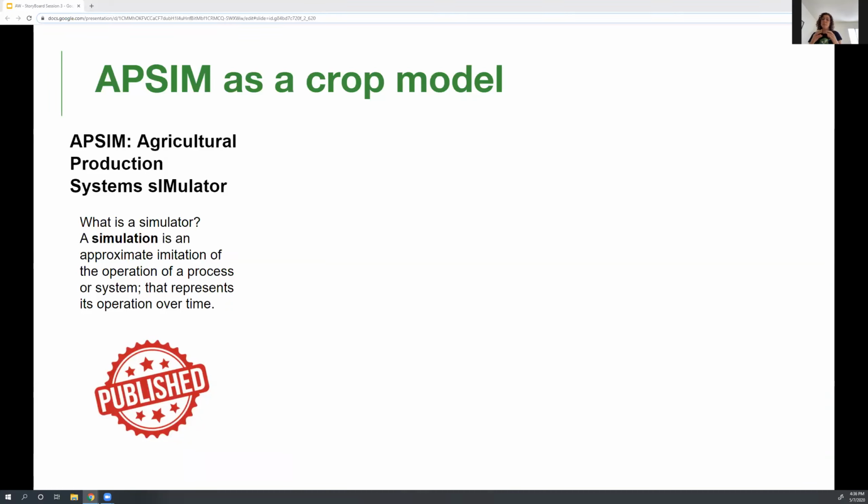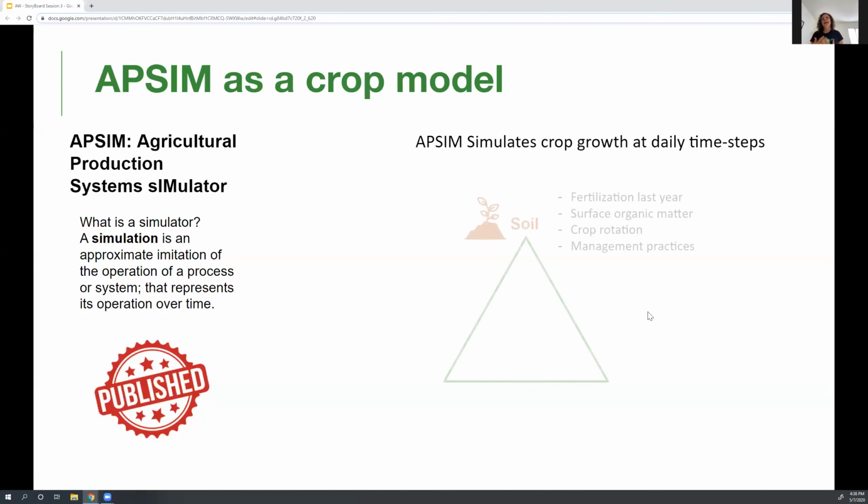This is one of the very few models that gets contributions on a regular basis from people globally, ground truthing efforts in the US, in Europe, in Australia, as well as in Latin America. So what are the components of this? What we're looking at is, first of all, the soil.